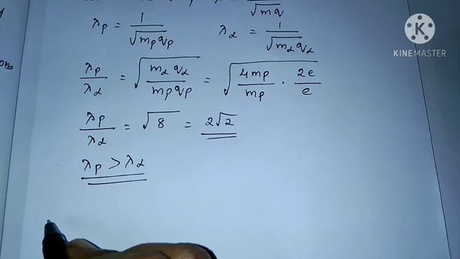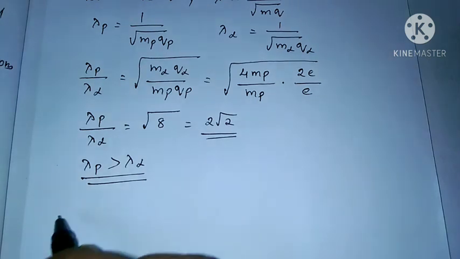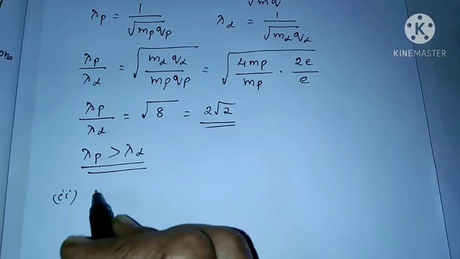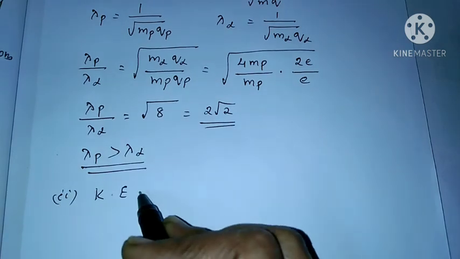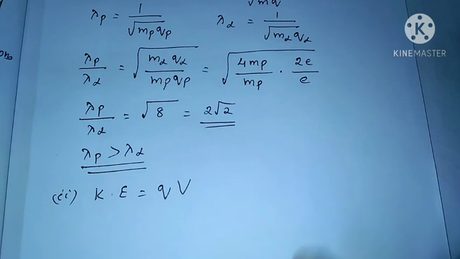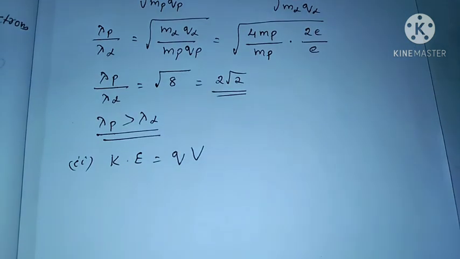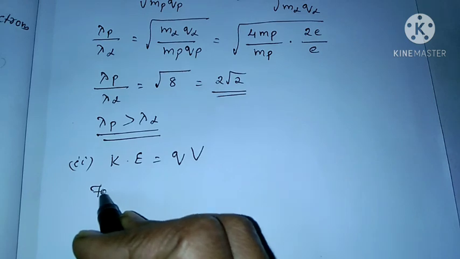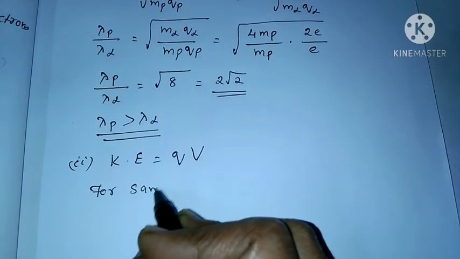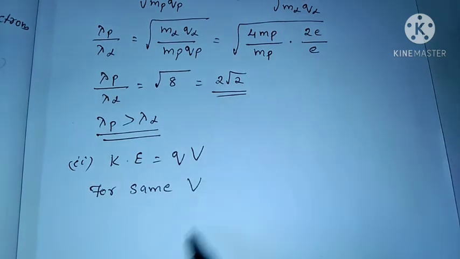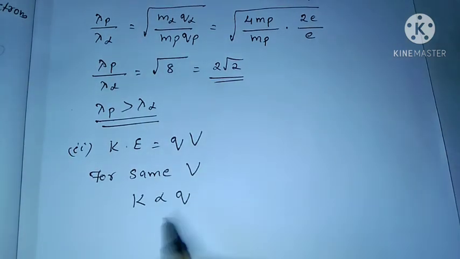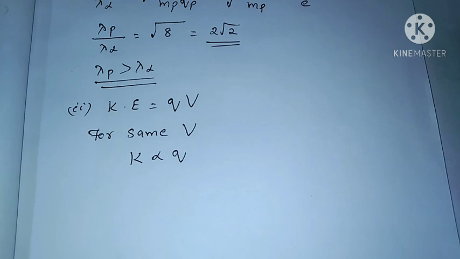Kinetic energy. Which of them has the less kinetic energy? So we can write kinetic energy equals q into V. You already studied these equations. So for the same potential, kinetic energy is proportional to q.